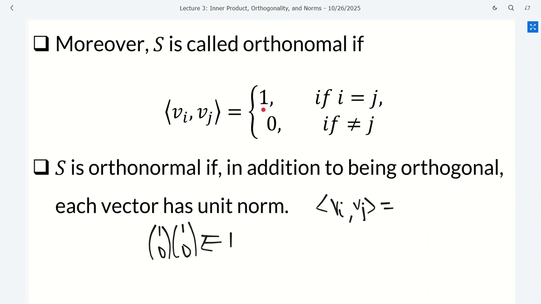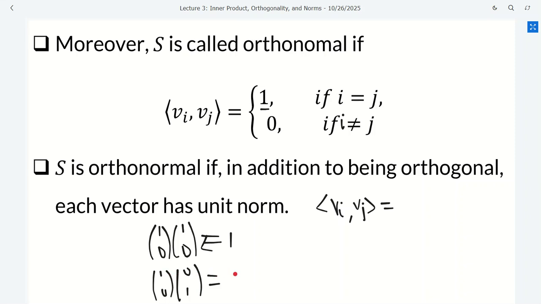That is why we have the 1 here when i is equal to j. But if i is not equal to j, so here is (1, 0), then here is (0, 1), if they are orthogonal, they should give us 0.